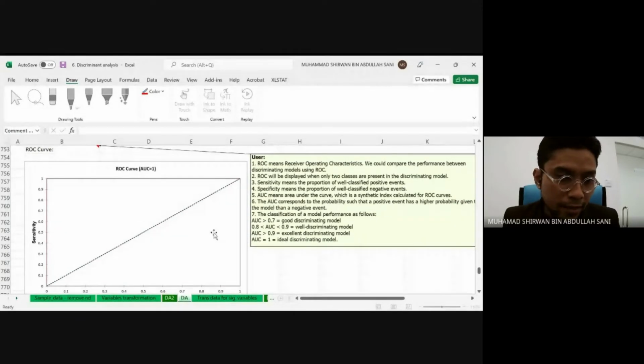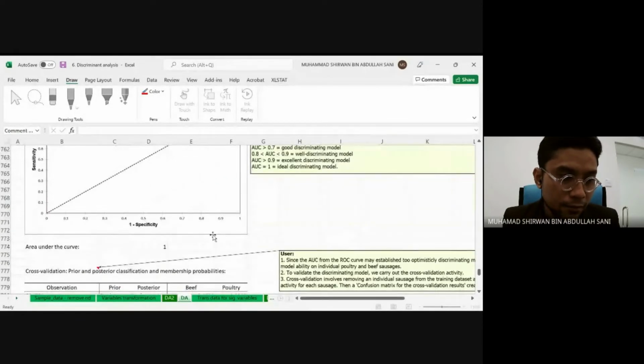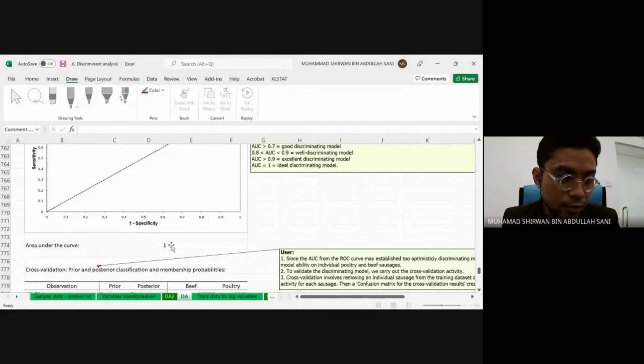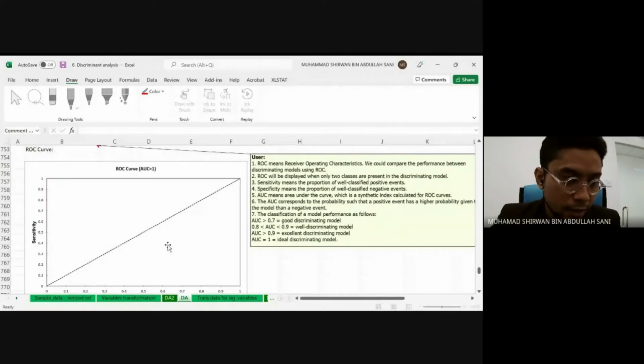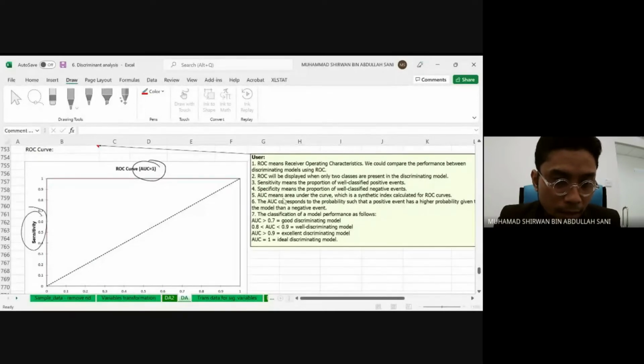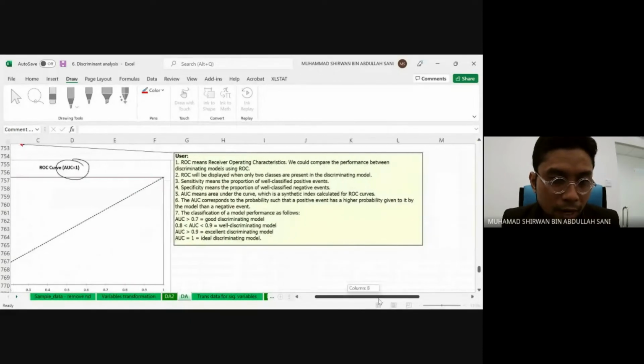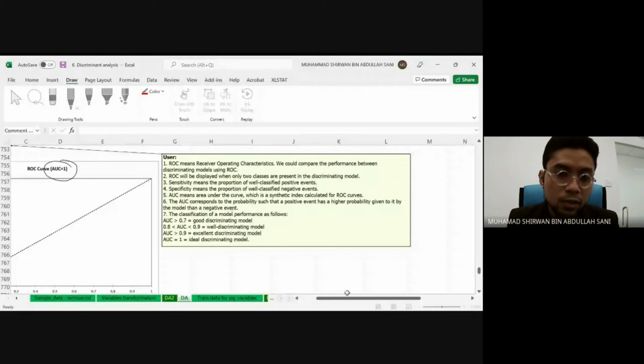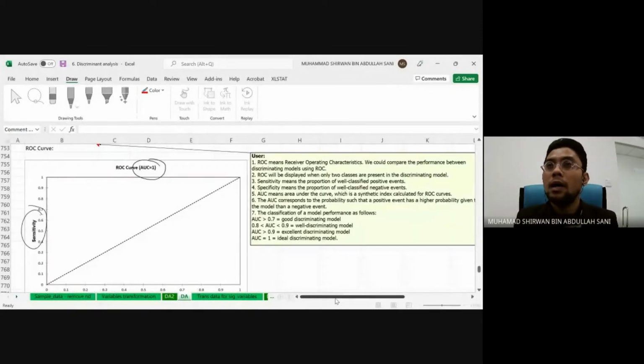AUC means area under curve. Here AUC, or here, this one, area under curve. So we will use this curve, which is a synthetic index calculation for ROC values. Yeah. The AUC corresponds to the probability such that a positive event has a higher probability given by the model than the negative event. It means you get more correct classification.